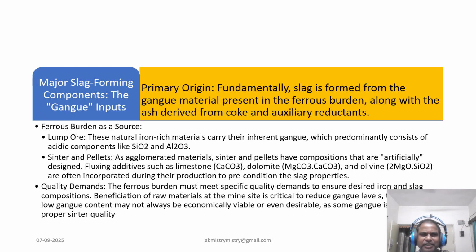In contrast, natural gas injection is unique because it contains no ash, thus contributing no slag forming components and leading to a lower primary slag basicity. And these ash contributions directly influence the total slag volume, basicity, and liquidus temperature, making fuel selection a critical consideration for slag management.